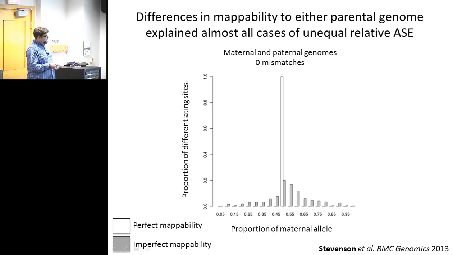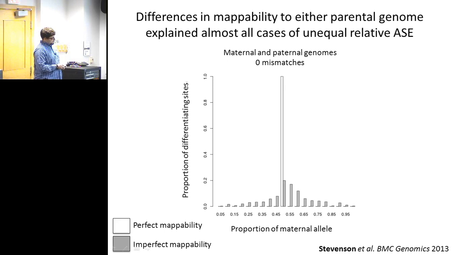And as you might have guessed, for those showing perfect mappability, again, we were able to recover almost 100% of the simulated level of the proportion of the reference allele. However, for those showing any level of imperfect mappability, those again were much more variable.